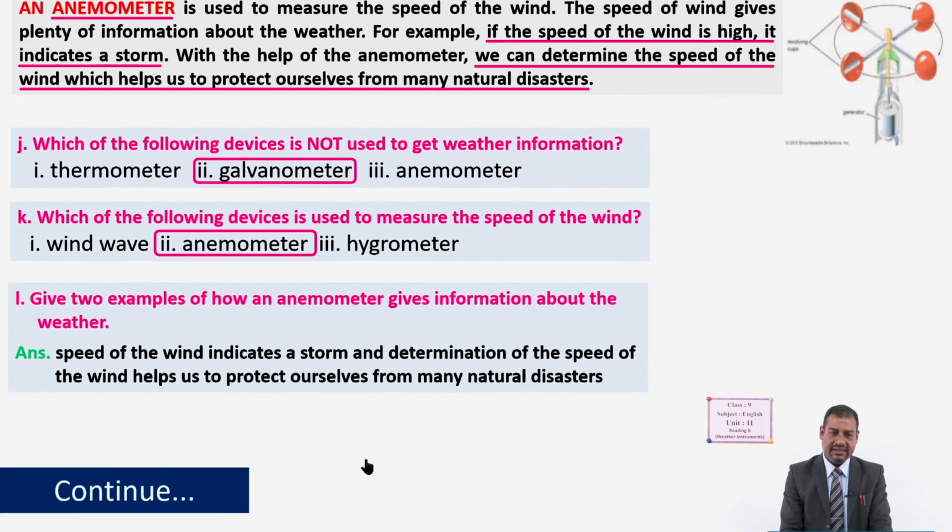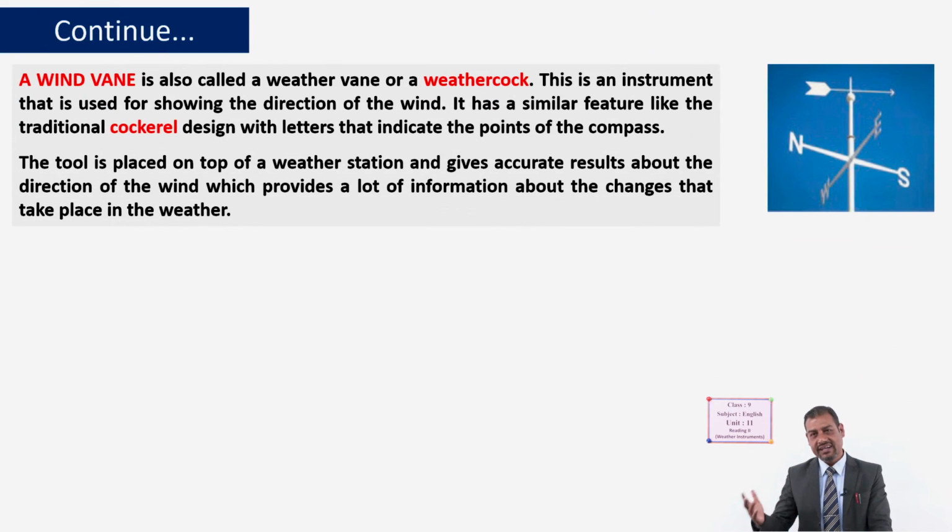Well done. If so, again we have another weather instrument, and that is a wind vane. So let me read it first. A wind vane is also called a weather vane or a weathercock. This is an instrument that is used for showing the direction of the wind.